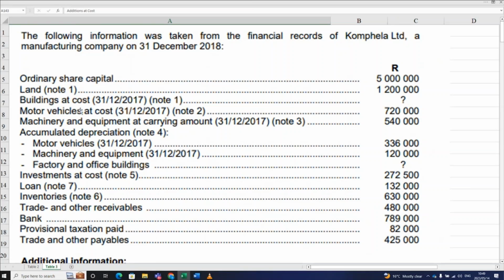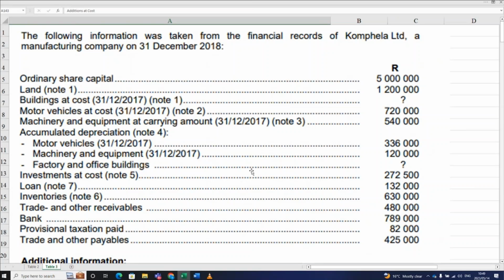So for example, ordinary share capital of 5 million here is an equity item, so for our purposes it's irrelevant. If they asked for the whole statement of financial position, then yes, we'd have it there under equity.